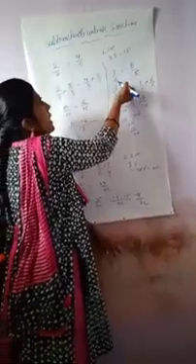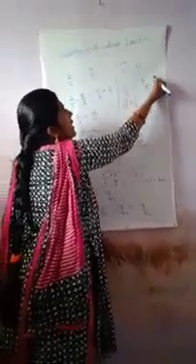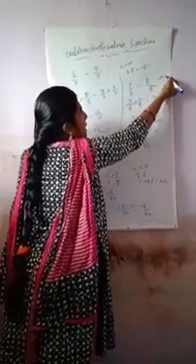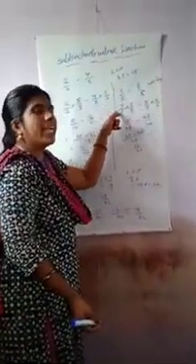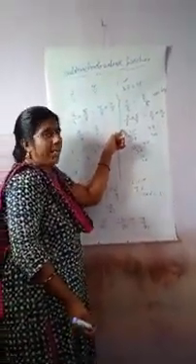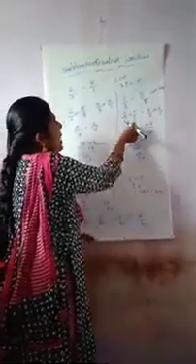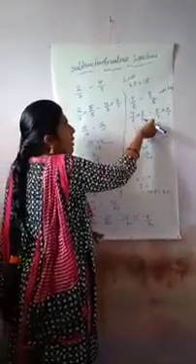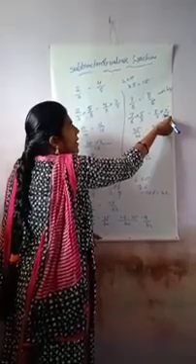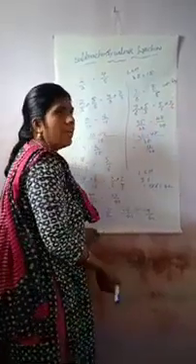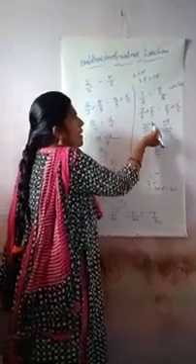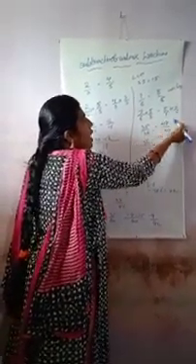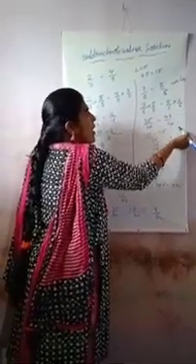Children, 5 by 6 minus 8 by 6. These fractions are unlike fractions. First change these two fractions to like fractions. First 5 by 6 into 5 by 5, minus 8 by 5 into 6 by 6. Okay. 7 5s is how much? 35. 6 5s is 30. 8 6s is 48. 5 6s is 30.